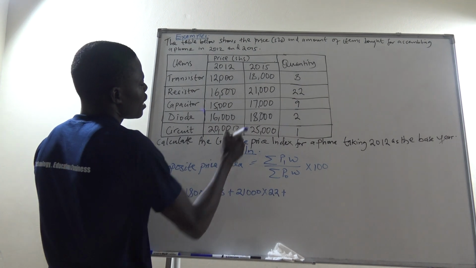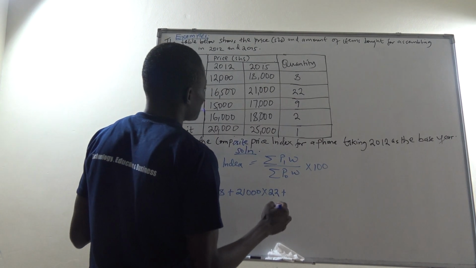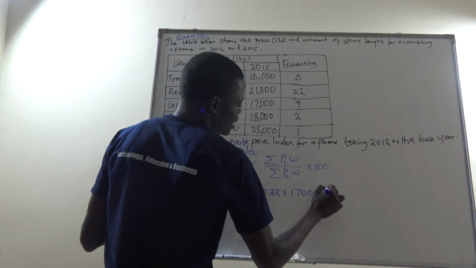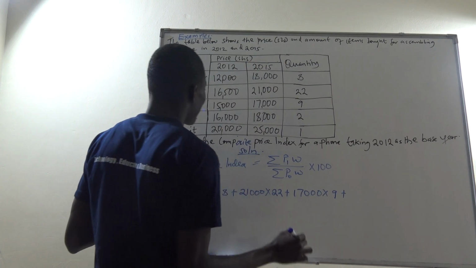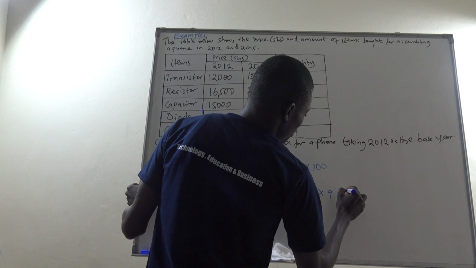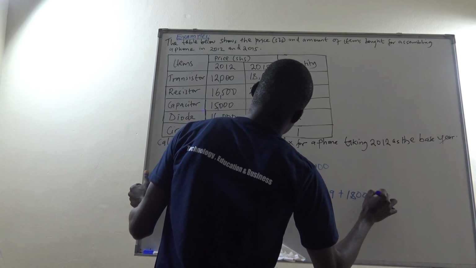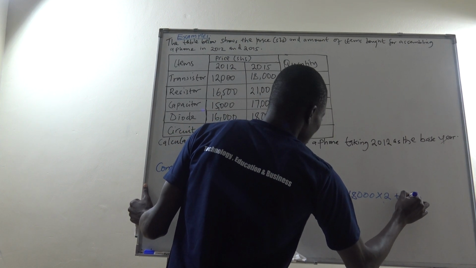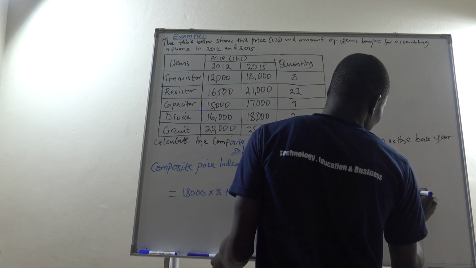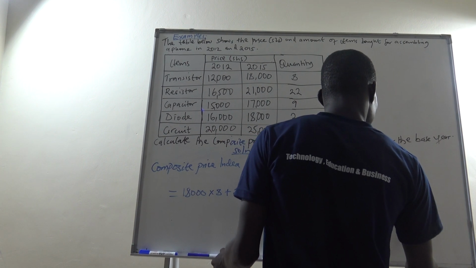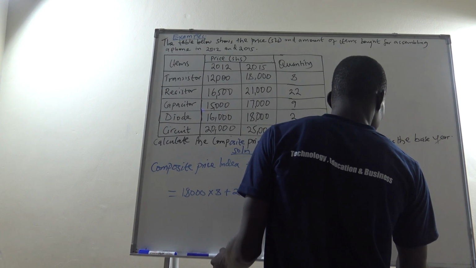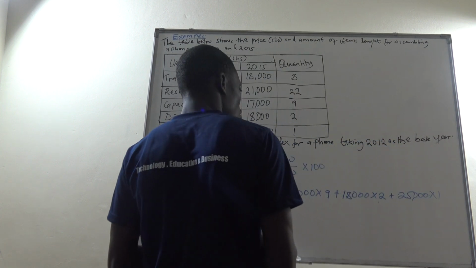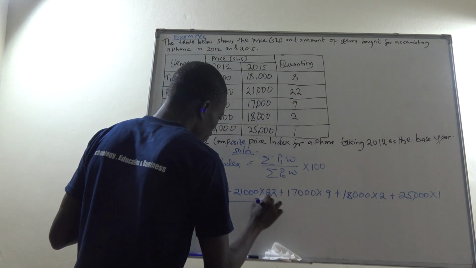Then plus our capacitors, which was costing 17,000 times the quantity that was used, 9. Then plus our diode, which is costing 18,000 times the quantity, which is 2. Then plus the last one, the circuit, which is costing 25,000 times 1.